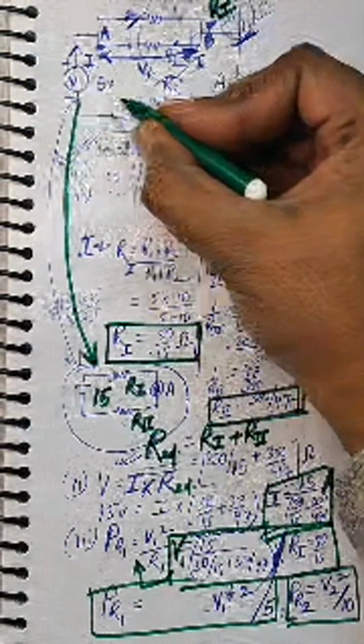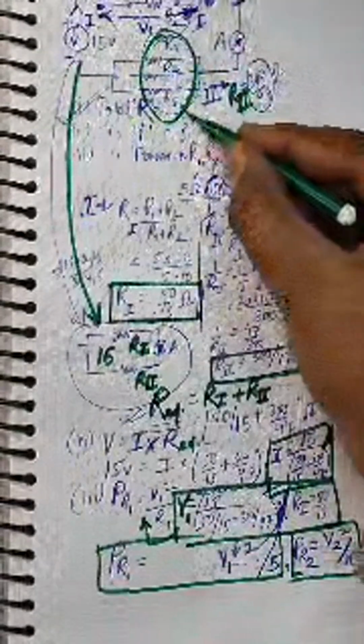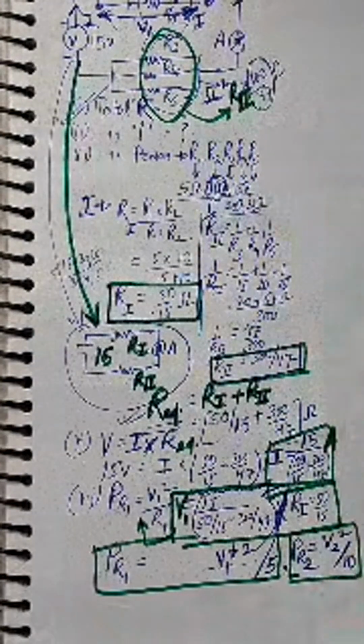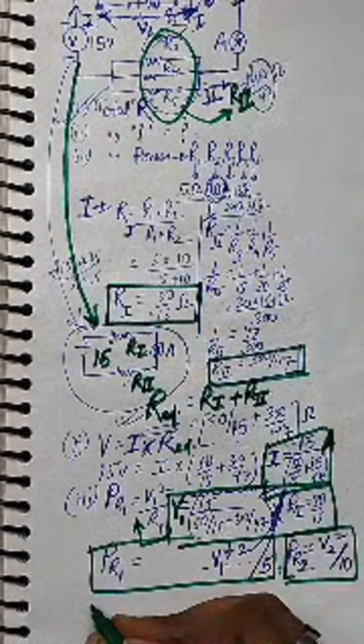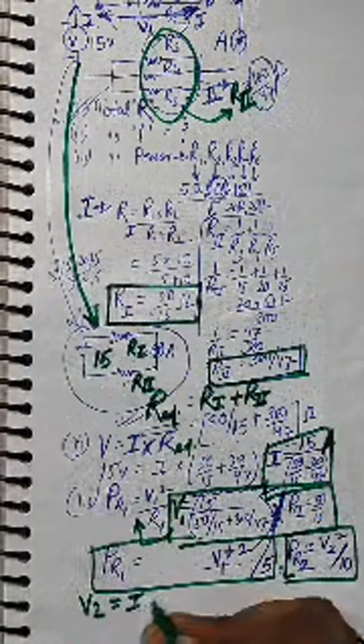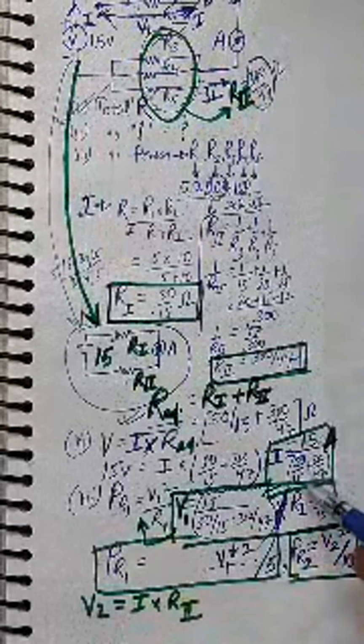Similarly, we know R2 is the equivalent resistance for these three. This is R2, right? Now find the voltage 2, V2. V2 is calculated when you multiply I with R2. This is Roman 2, mind it, right? Now, I is calculated, this one.